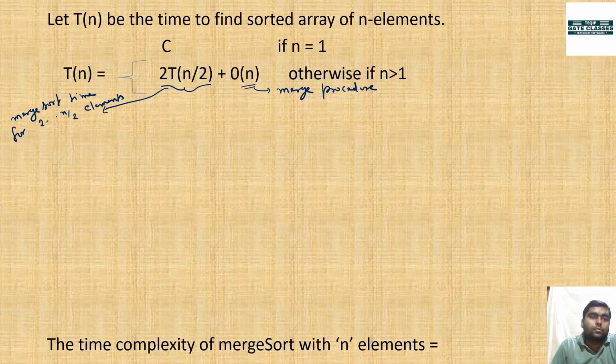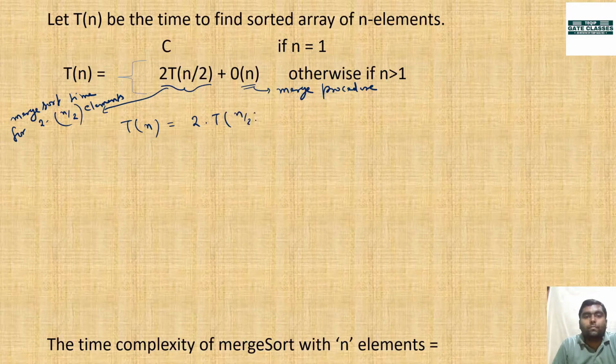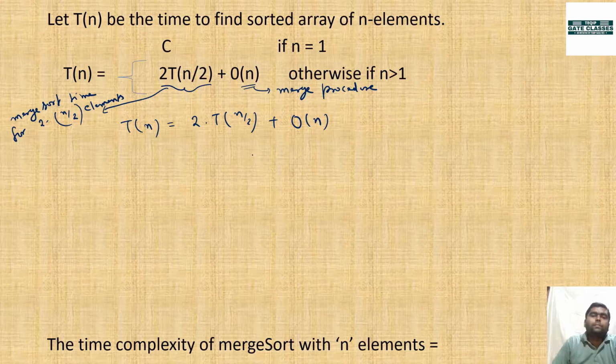Okay, 2 n by 2 elements like this. So now solve this particular recurrence relation, so you will get the complexity of Merge-sort algorithm. So it is 2 times T of n by 2 plus order of n. You can simply apply whatever method you may wish.